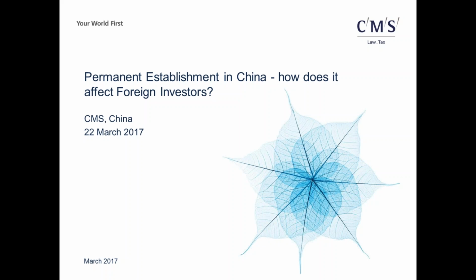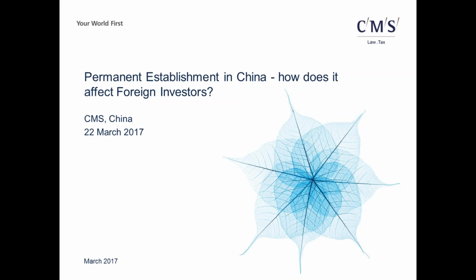Especially for Chinese cases, if a foreign investor constitutes a permanent establishment in China, it means that they need to pay PRC corporate income tax in China. That's why many foreign investors want to check the conditions for constituting a permanent establishment in China, and how to avoid a permanent establishment in China.